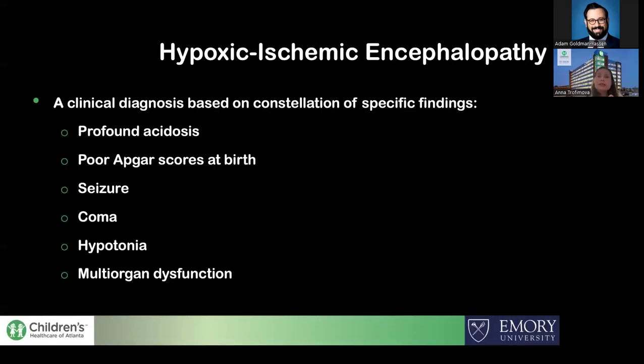To start with, as I already mentioned earlier, hypoxic ischemic encephalopathy is a clinical diagnosis, which is made on the basis of a constellation of clinical findings, which may include the presence of profound acidosis in the baby, low Apgar scores at birth, seizures, hypotonia, and multi-organ dysfunction.